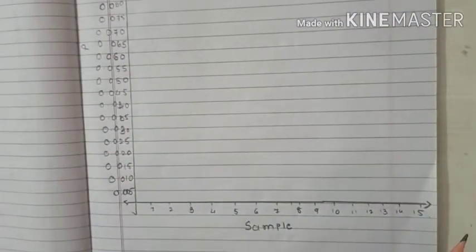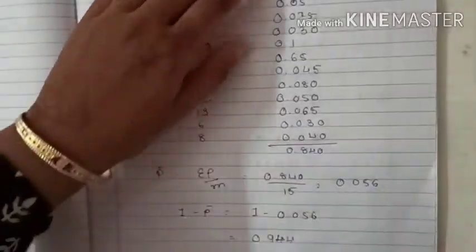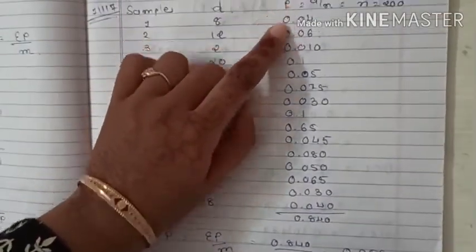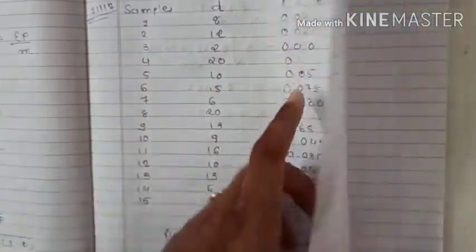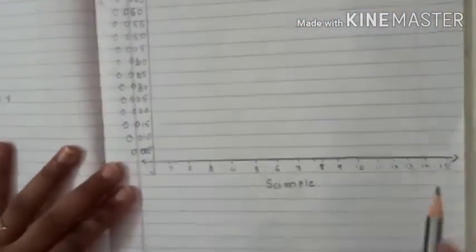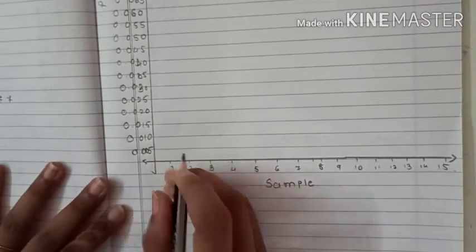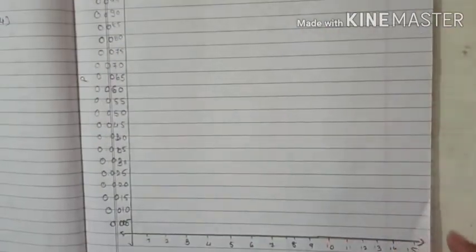Let's start placing the points. We have to place the points on this basis. For the first sample, P is 0.04. First we have to write down the limits.